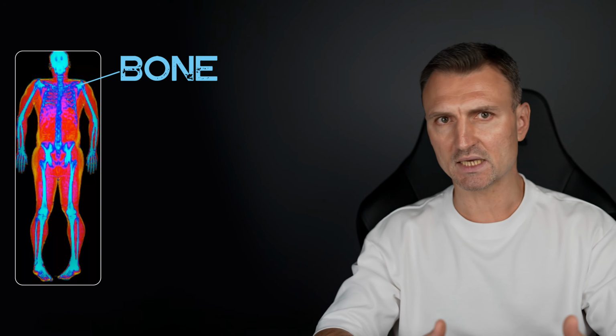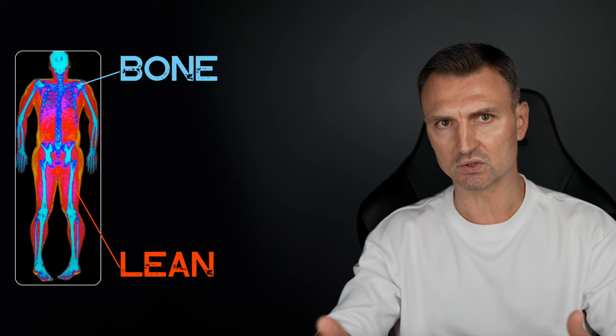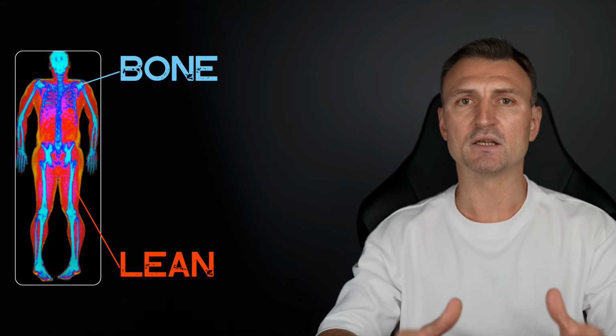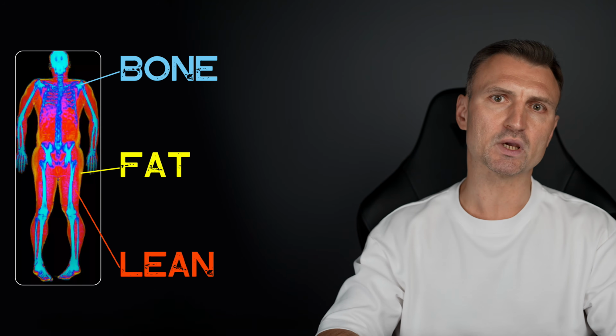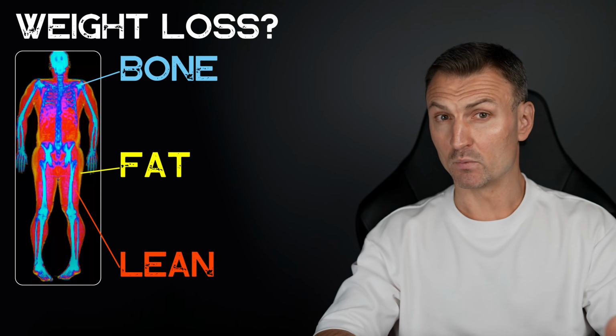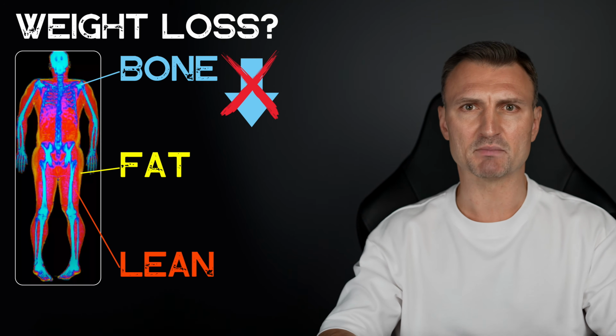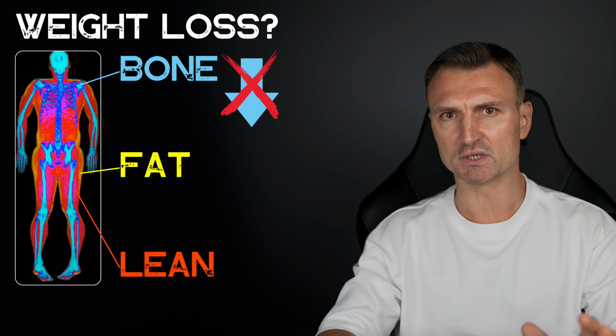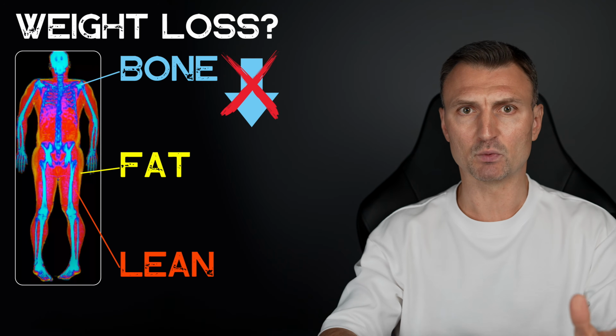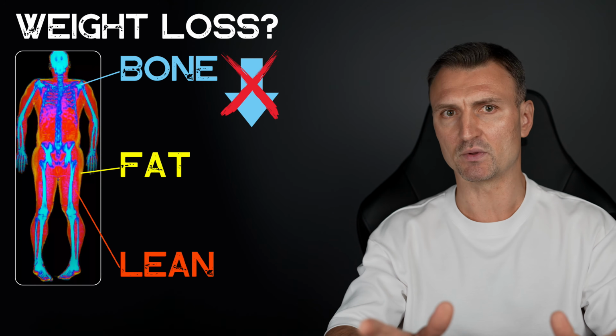And before I give you the numbers, let's tap into a very important concept. Our weight is a compounding value that incorporates bone mass, lean mass, which includes muscle and organ tissues, and fat mass. And when we're talking weight loss, we're probably not meaning, oh, I'm going to lose some bone mass now, make my bones a bit more brittle and increase my risk of fractures, but the number on the scale will be a bit less, so I'll be happy with that.